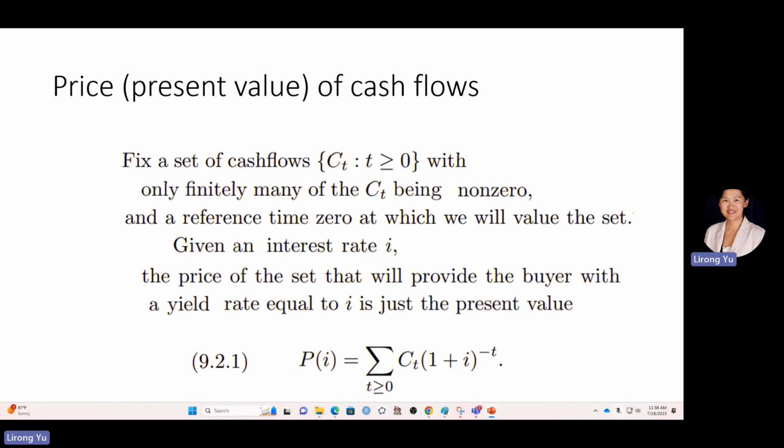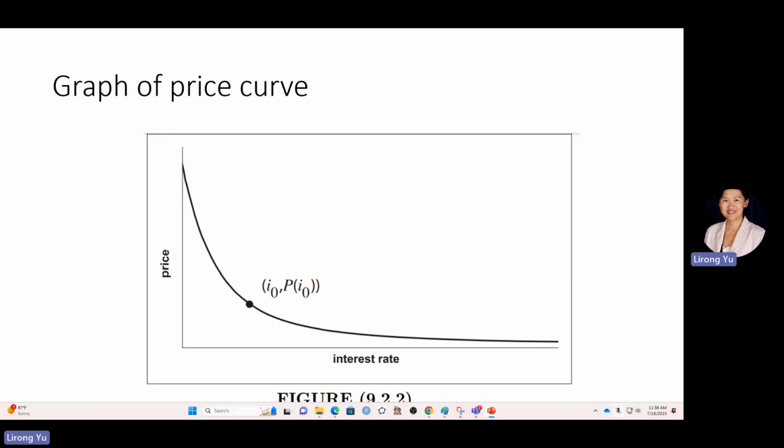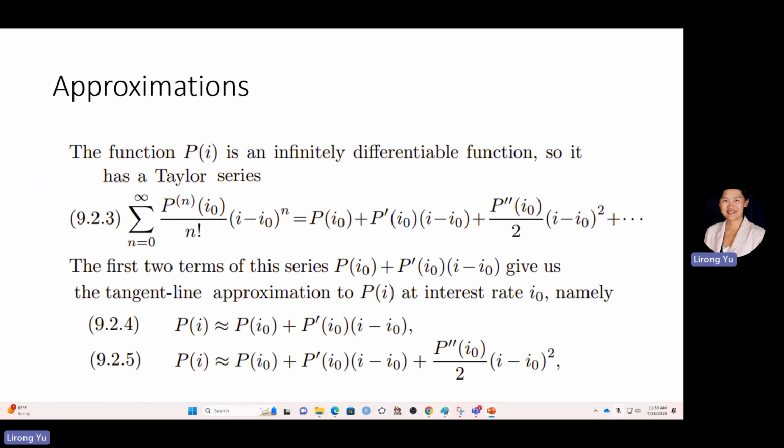That is a negative power, a reciprocal function, so that definitely has a negative correlation with i. Whenever i increases, then (1 plus i) to the power of negative t decreases. That's why the curve is a decreasing function of i. So the price curve is a function of interest rate. Interest is the independent variable, price is the dependent variable.